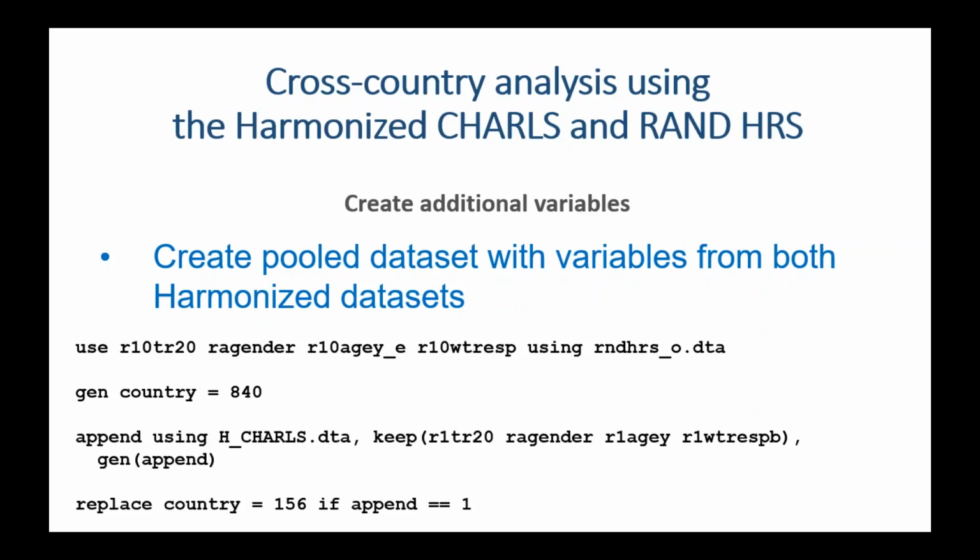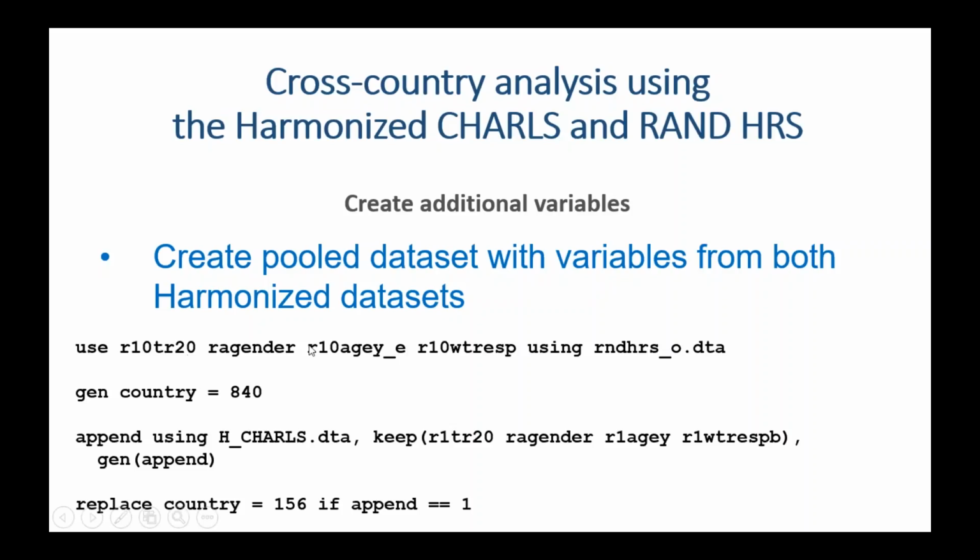There are 11 waves currently in the RAND HRS. So it's really massive, and depending on which version of Stata you have, it might not be able to hold the whole thing in memory at once. But what we can do is specify those variables that we want to pull in and make an analysis data set. So we're going to have this stacked or pooled analysis data set.